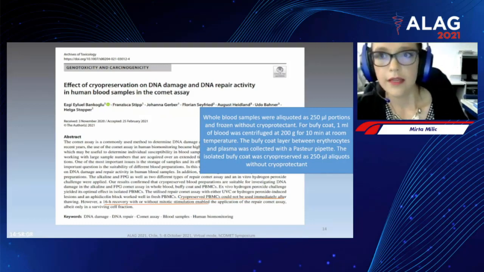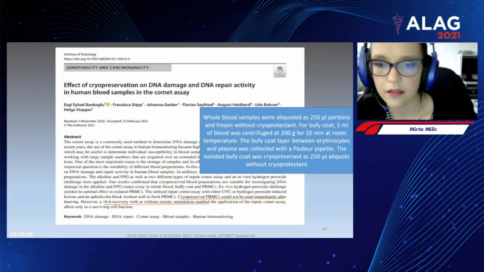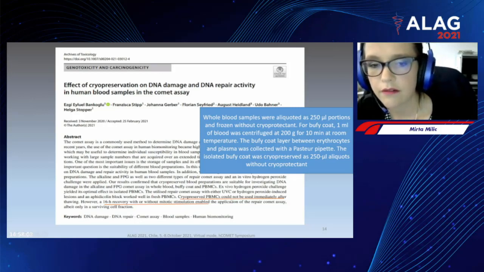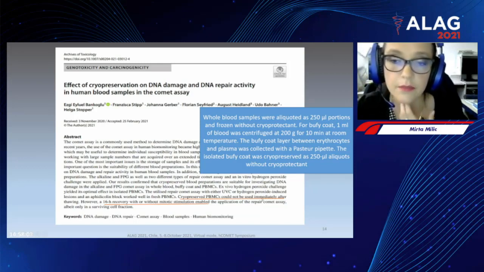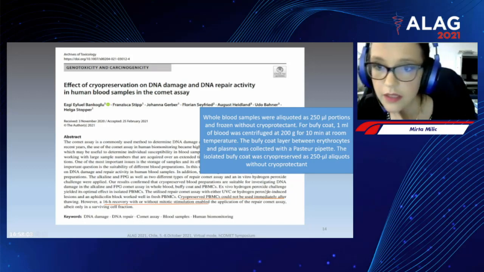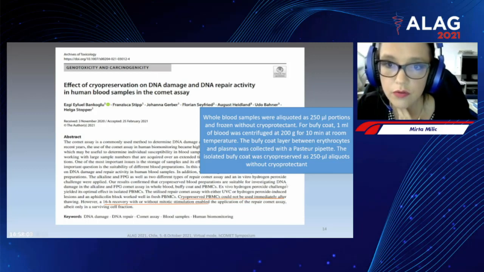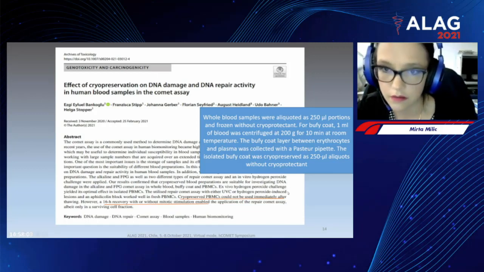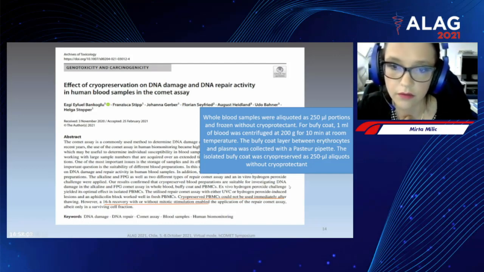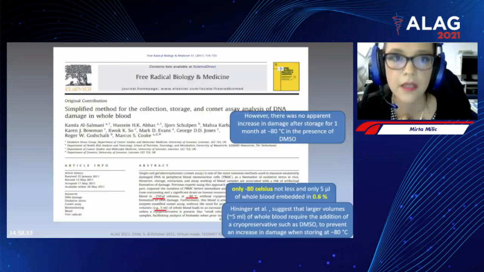Another group checked whether PBMC and whole blood, although it is written cryopreserved, they did not use cryopreservation, could be used for the alkaline comet assay, and whether results can be comparable with fresh ones. They concluded that we should use a smaller volume of blood for freezing.